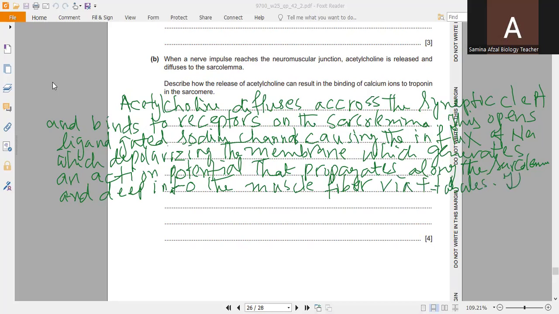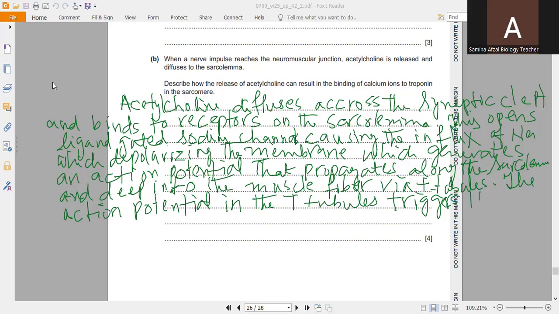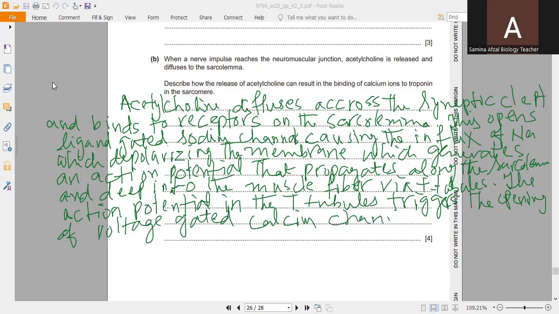The action potential in the T tubules triggers the opening of voltage gated calcium channels in the membrane of the sarcoplasmic reticulum.